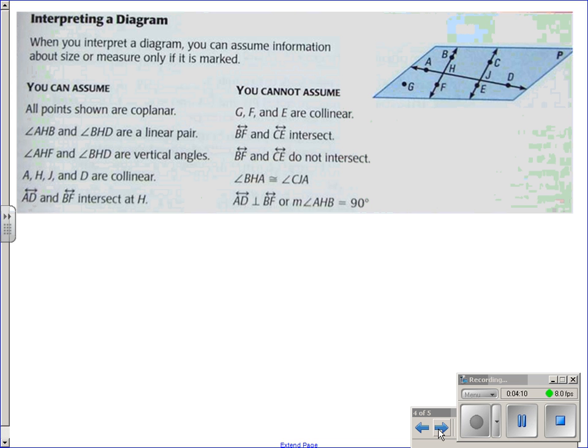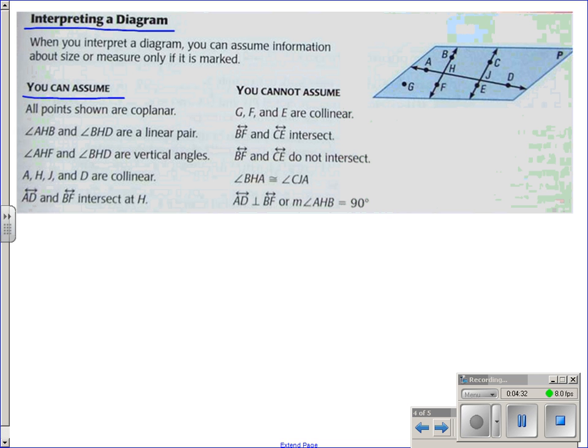Okay, this is a very, very important picture, an idea here. This kind of thing has been happening in some of the homework problems for some of you, and it's going to continue happening. Hopefully not. The idea here is, given a picture, what can you know for sure and what you cannot assume?